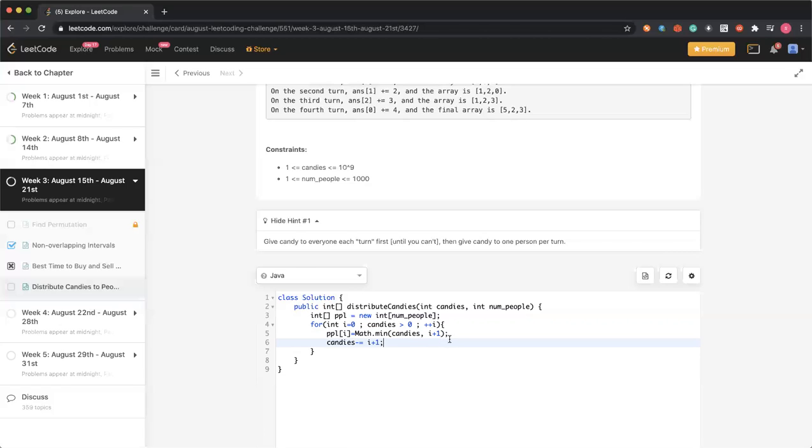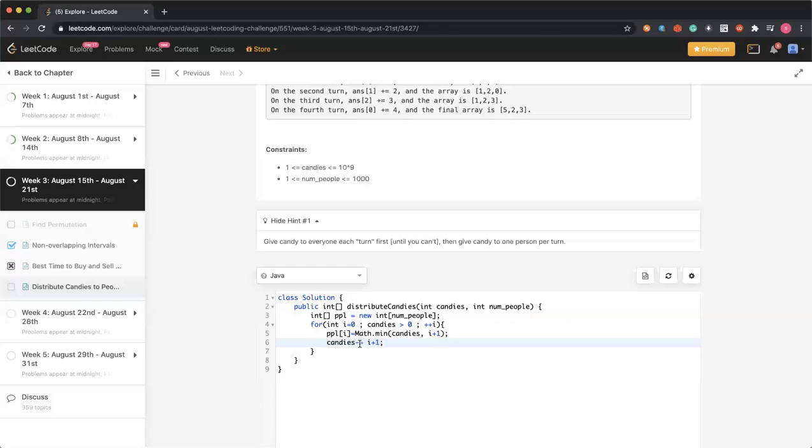The second person is accessed by index 1, and he'll be getting 1 plus 1, that is 2. The third person, at the second index, will be getting 2 plus 1, 3.